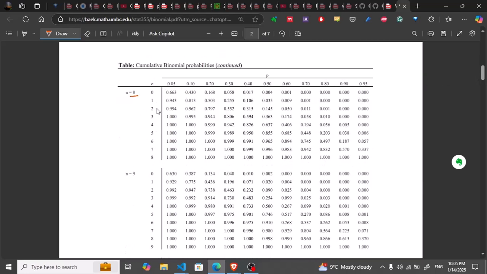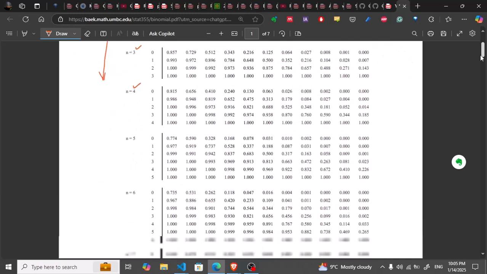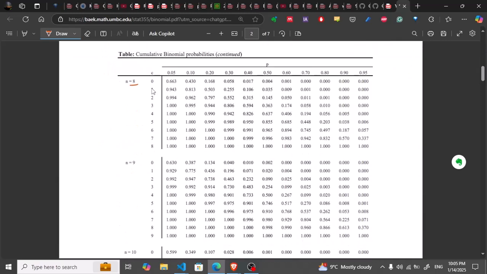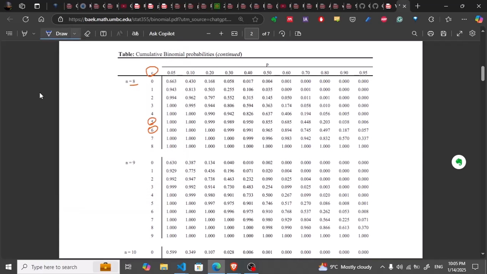So this is n equal to 8, and the third parameter here is what? This is 6 for this one and 5 for this one. So let me move here. This is 8, and the values for the third parameters are here. So the first is here, the second one is here. For the first one, let me use this blue color, okay.